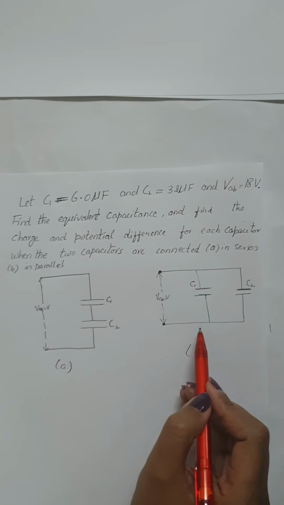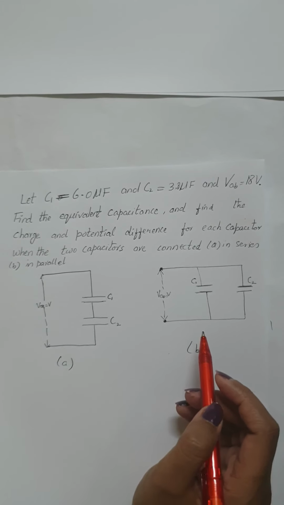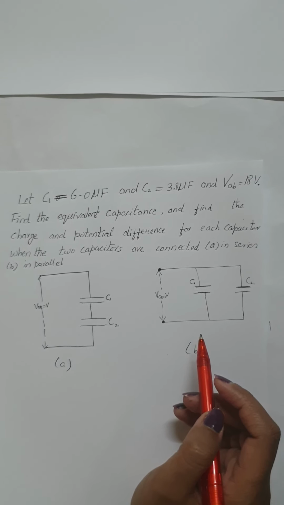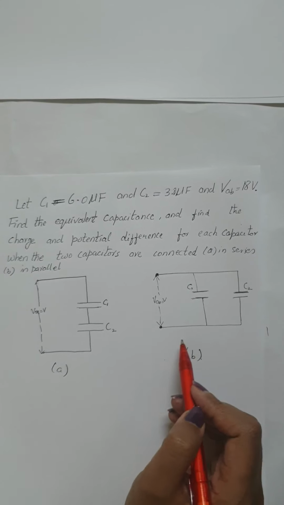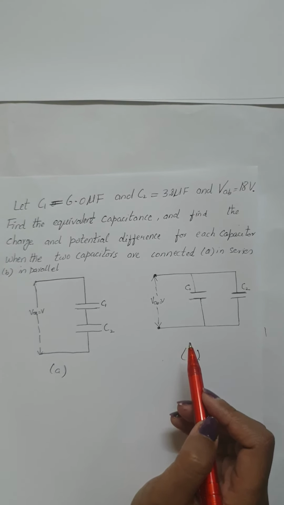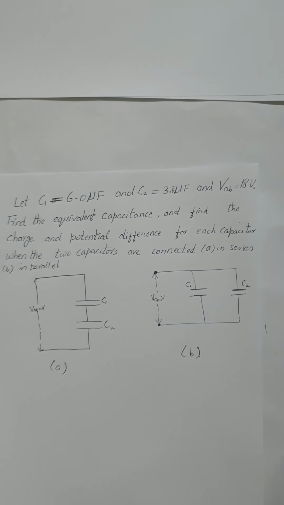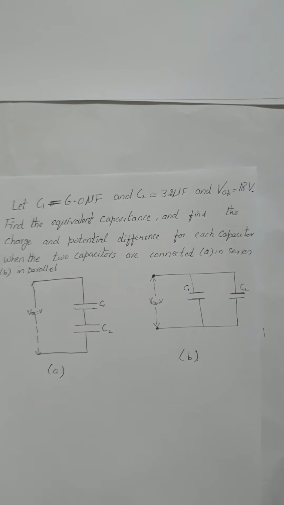One is series and one is parallel. So in both parts our target variables are equivalent capacitance, then charge, and then potential. So let's start from equivalent capacitance.